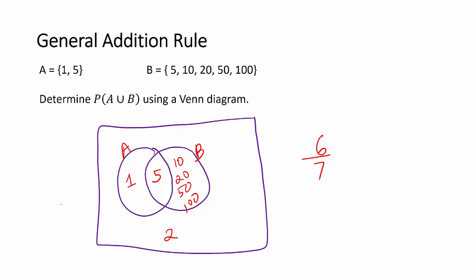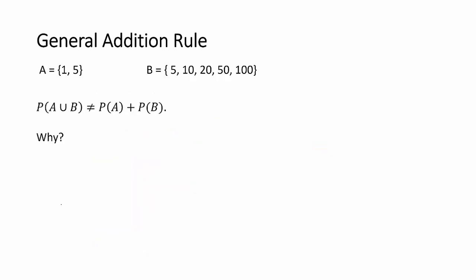So if I had done them separately, the probability of A and the probability of B, and then added them together, I would not have gotten 6 over 7. This right here would have been 7 over 7, not 6 over 7 like this one is. And why is that? That's because we would be double counting.